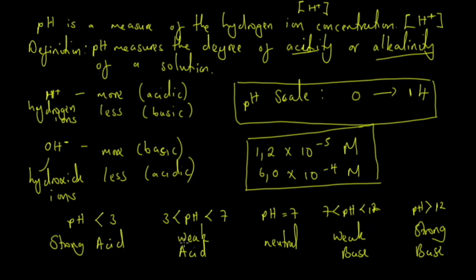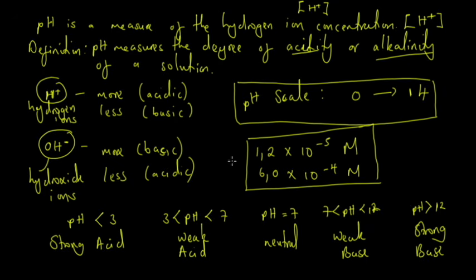If it's between 3 and 7, it's a weak acid. If it's 7, like distilled water, it's neutral. If it's a weak base, it's from 7 to 12. If it's greater than 12, it's a strong base. So strong base, again, it means we have more of those. Strong acid means we have more of those.